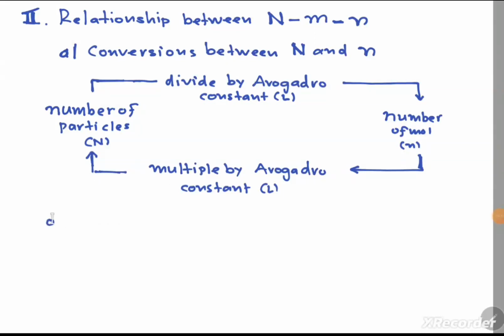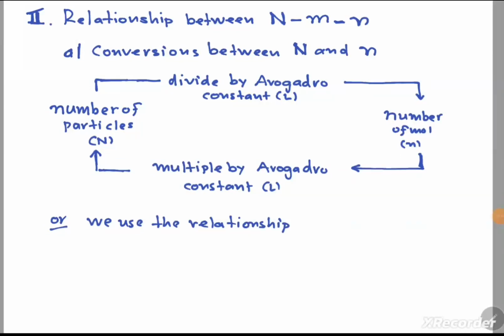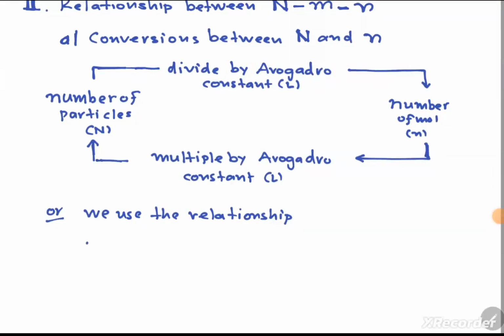Or we can use the relationship n, small n, number of mole, is equal to number of particles divided by L. This is if we want a conversion from number of particles to number of mole.